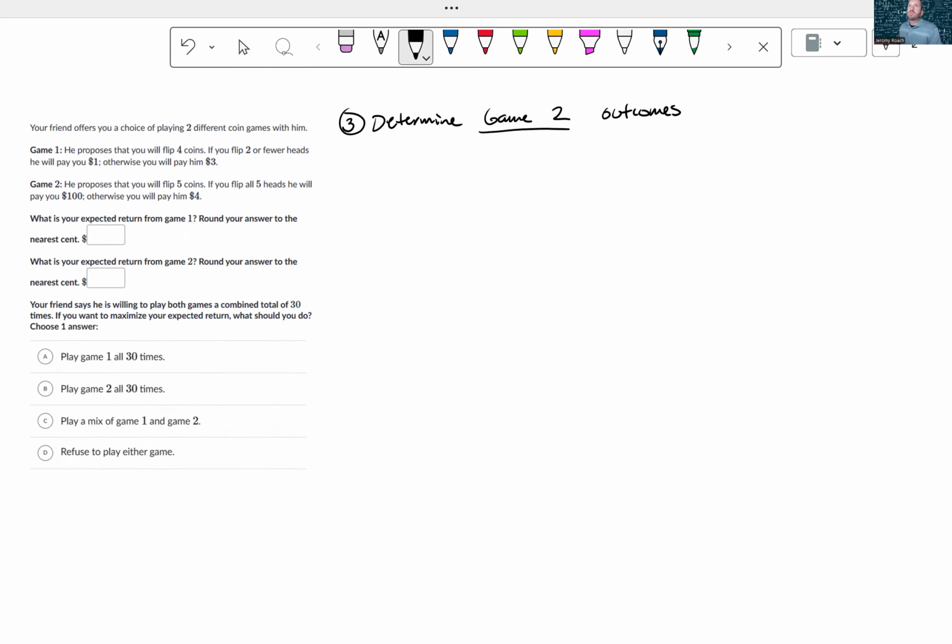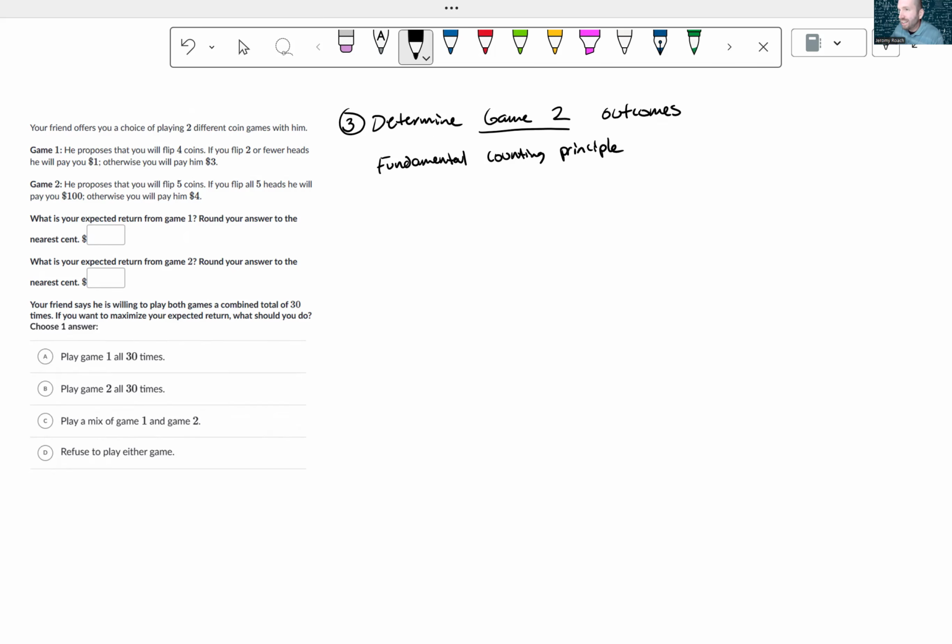Okay, so for the game two outcomes, we have 5 coins, could be heads or tails. We're going to use the fundamental counting principle again to find our total possible outcomes.